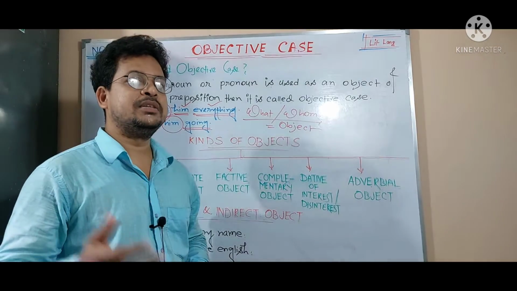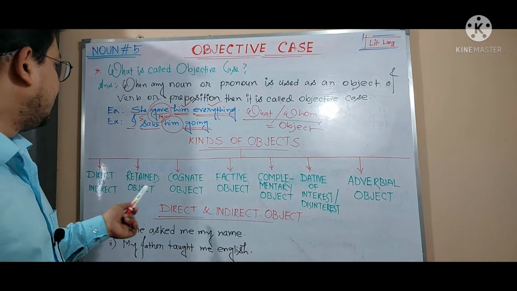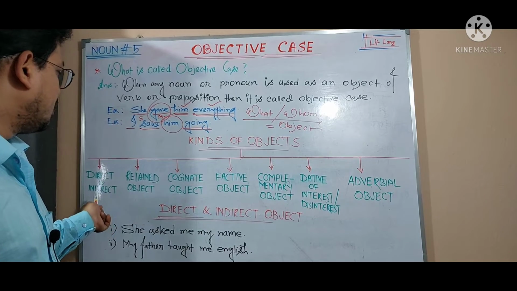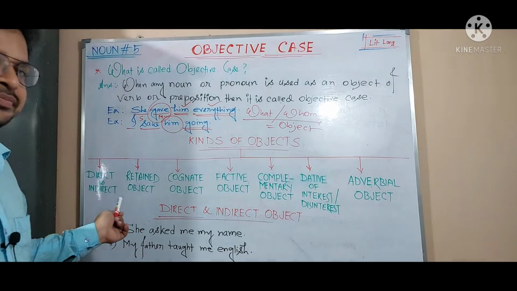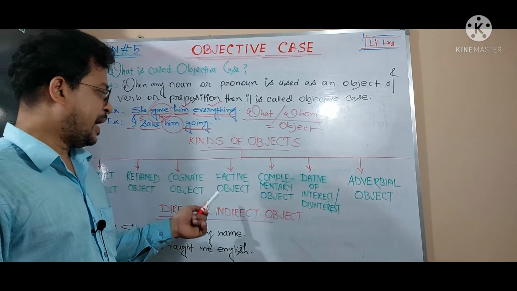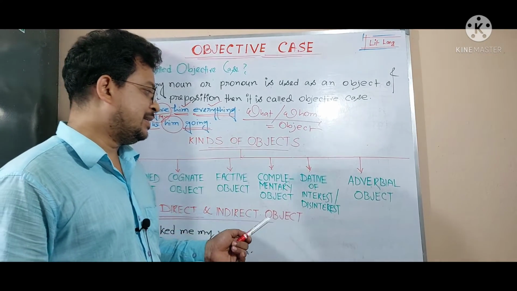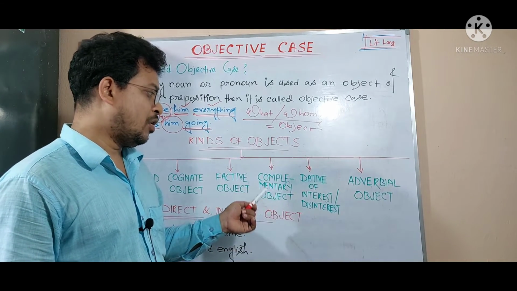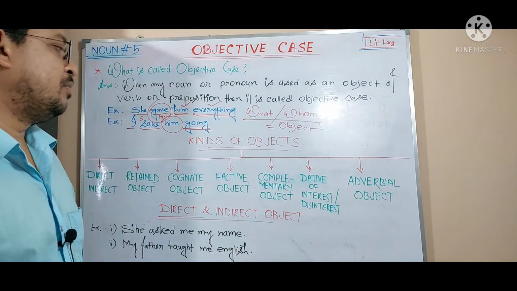How many kinds of objects are there? I already made a table: direct or indirect object, retained object, cognate object, factive object, complementary object, dative of interest or dis-interest object, and adverbial object.